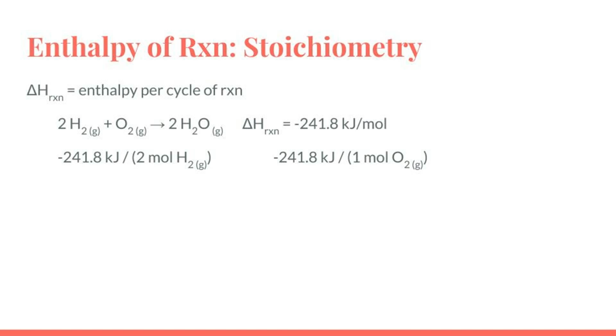So per 2 moles of hydrogen, per 1 mole of oxygen, per 2 moles of water. So if you have only 1 mole of hydrogen, then it's only going to produce 120.9 kilojoules of energy. Let me go ahead and write that out for you.